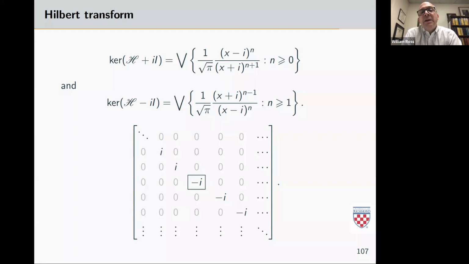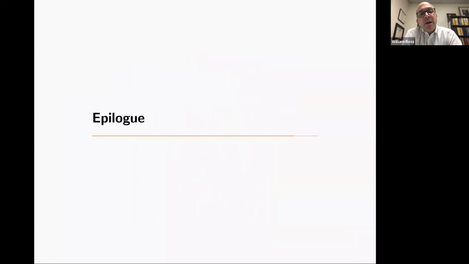The first one will be an orthonormal basis for H2 of the real line, and the second one will be its orthogonal complement. And you get a diagonal matrix. I am always impressed when you can give a full spectral decomposition of a normal operator, in this case a unitary operator. All right, so we're coming to the close here.